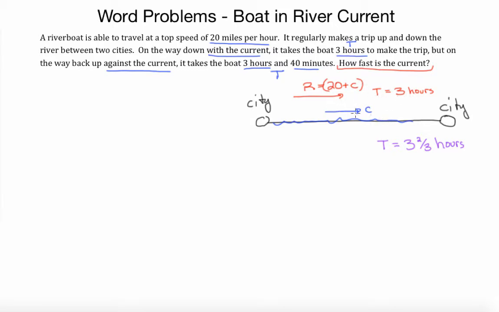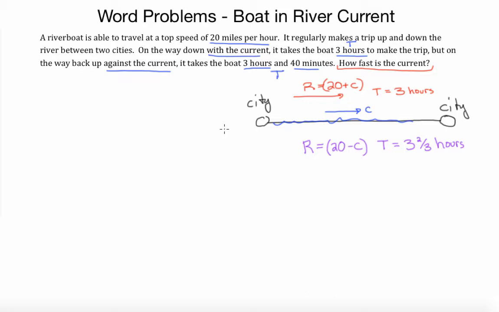And it does that in 3 hours. On the way back, however, that boat is coming back against the current. Its rate of speed, R, is going to be 20 minus C. So there we go, 20 minus C, 20 plus C. That's how I take into effect the current pushing and pulling and affecting what's going on with my boat speed.